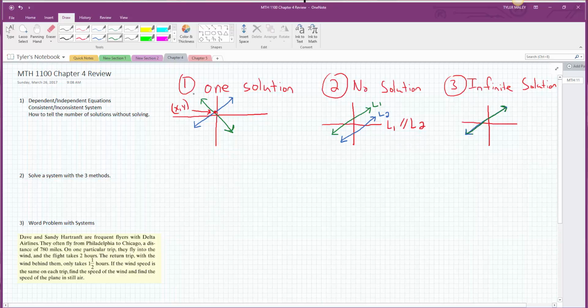Right. So then we can talk about the different characteristics with each spot. So when we know how to recognize when something is just one solution, we're going to have different slopes.